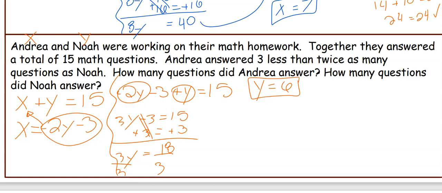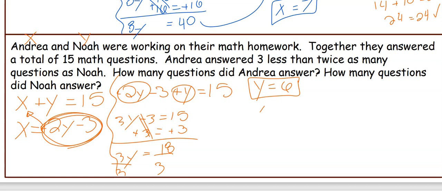Okay, cool. So you got the y part, so you got the x part. X, it says, is equal to negative 2 times y minus 3. Not negative 2, it's supposed to be just 2y, right? Yeah, not negative 2y. Positive 2y minus 3.